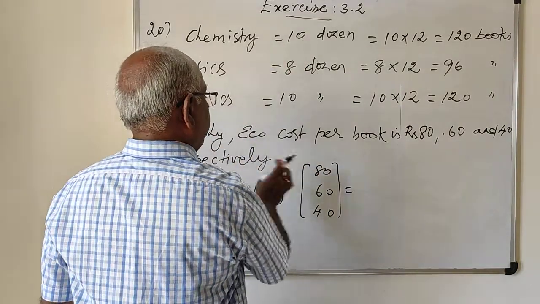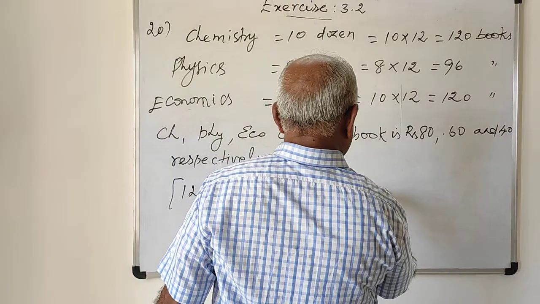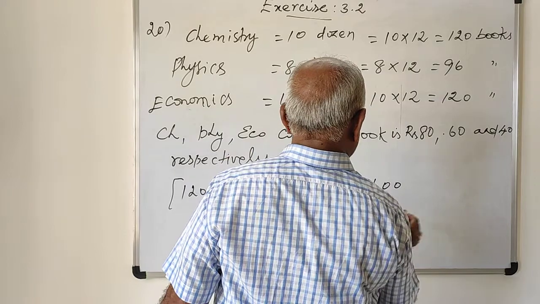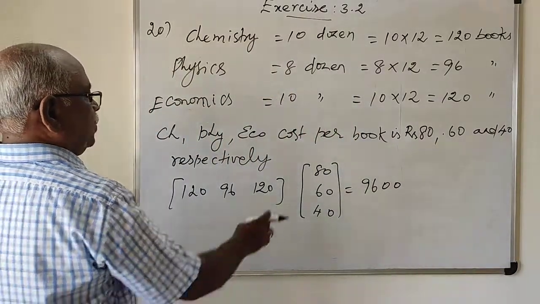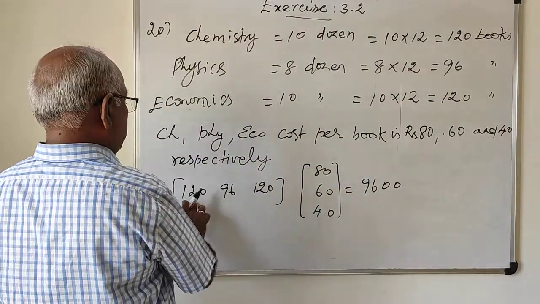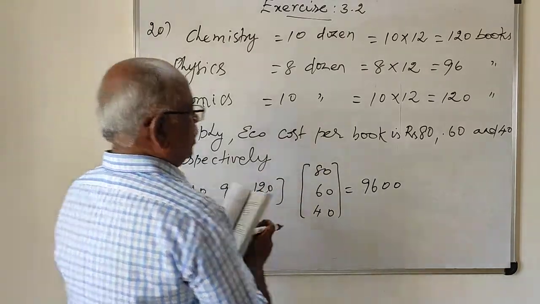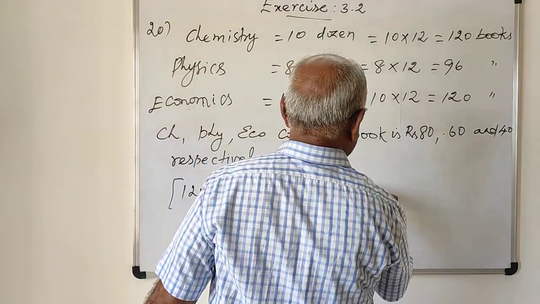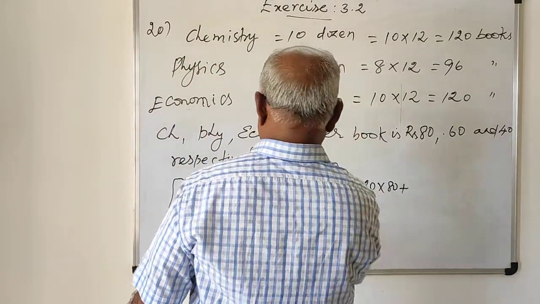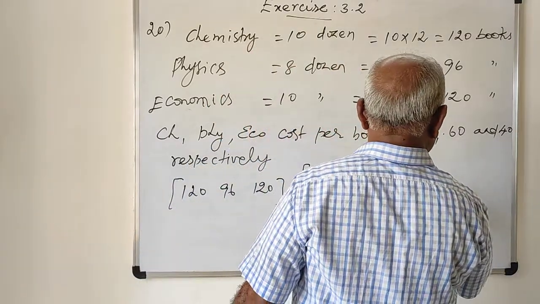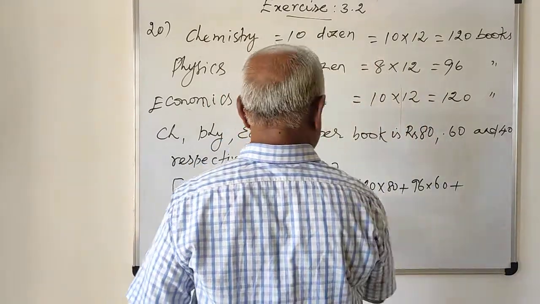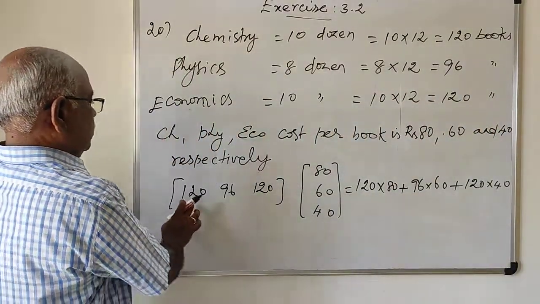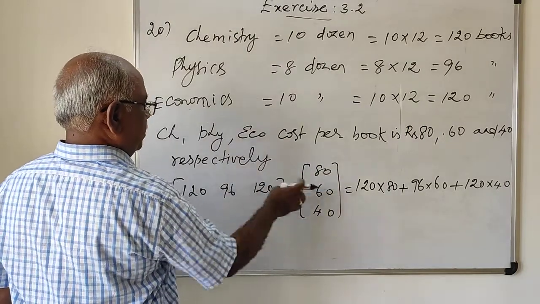120 into 80, what is that? 9,600. Or otherwise you can write it for your understanding as 120 into 80 plus 96 into 60 plus 120 into 40.